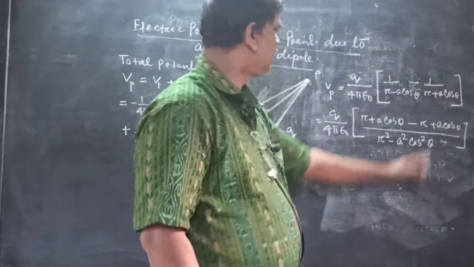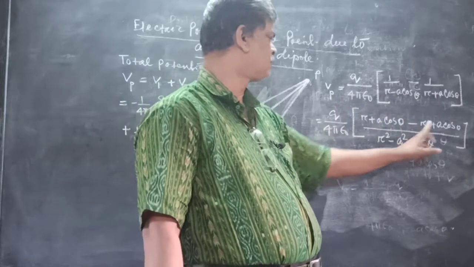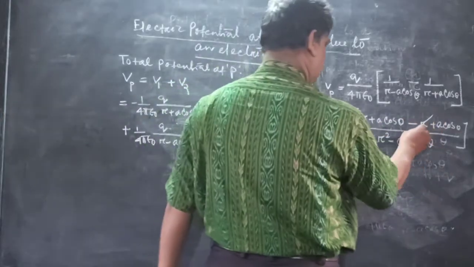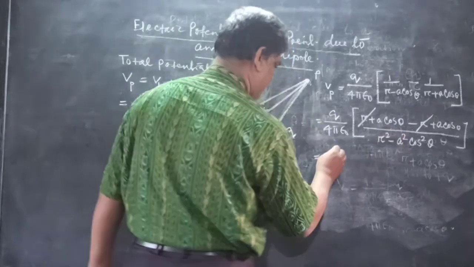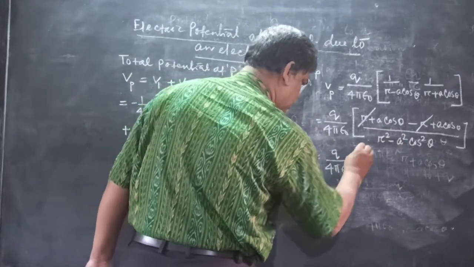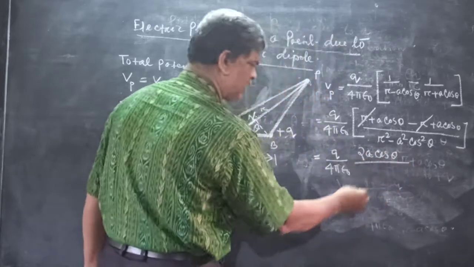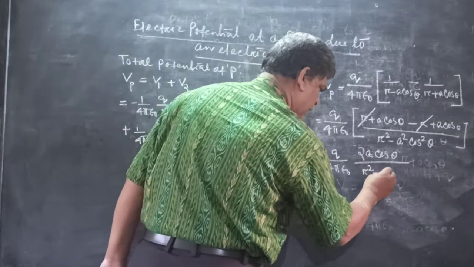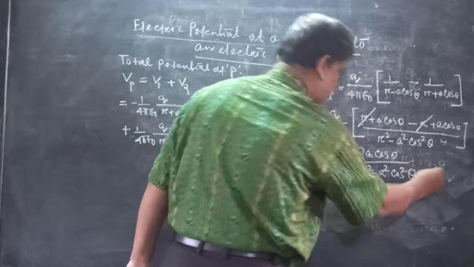R minus R cancels out. Then we get 2A, that is Q by 4 pi epsilon 0 2A cos theta divided by R square minus A square cos square theta.